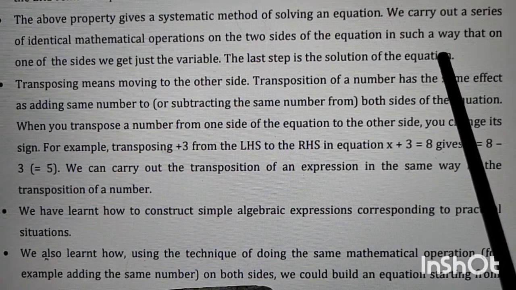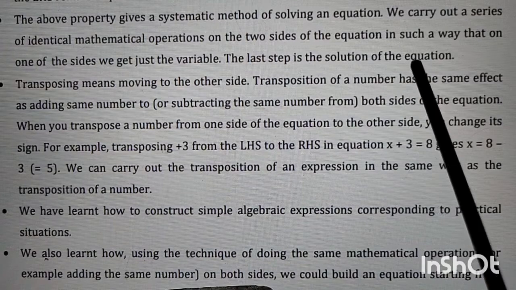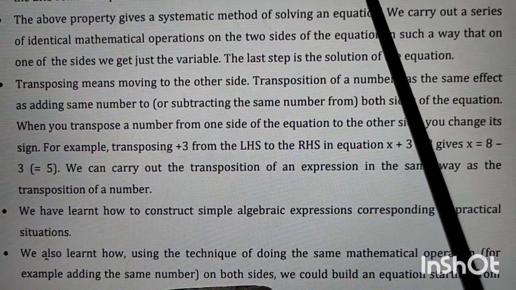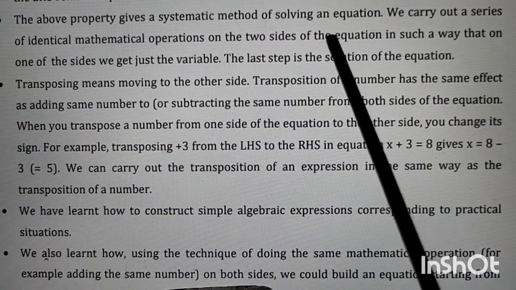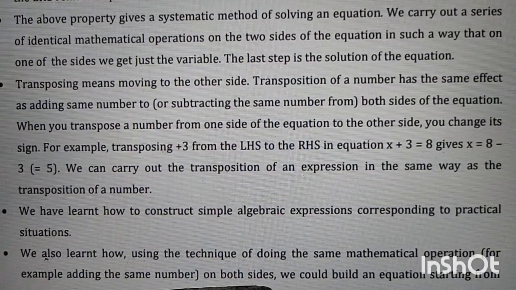As I told you earlier, when we solve the equation, we must apply operations such that one side deals only with the variable and all the constants move to the other side.